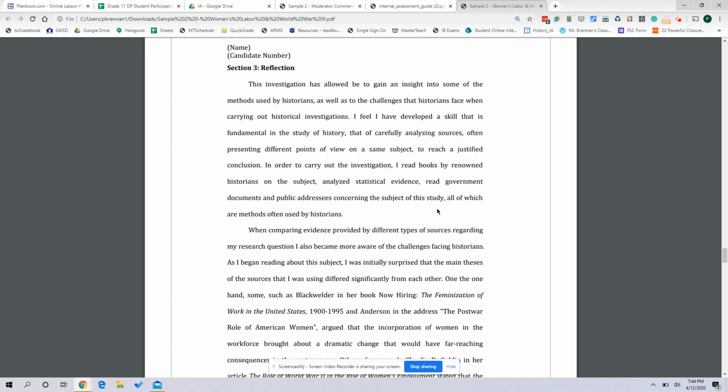Use things like, the challenge facing historians is blank, and I learned this because blank. Use those keywords from the rubric in your writing to ensure that you're writing to it and the person who grades your paper understands what you're trying to get across in relation to the rubric.